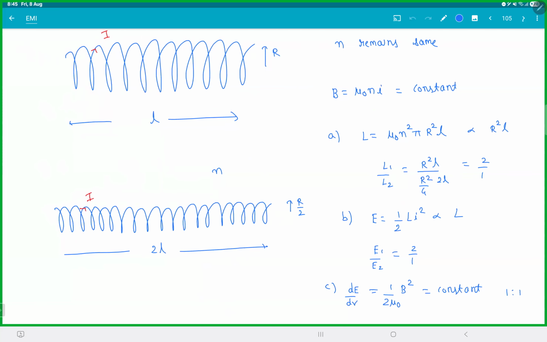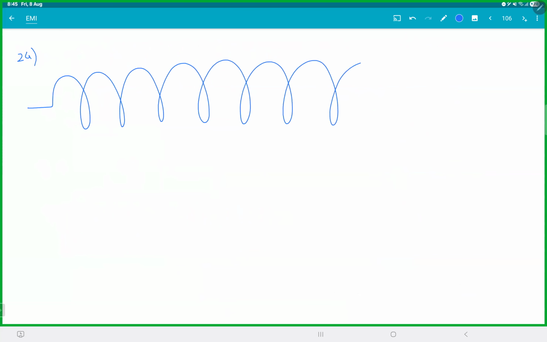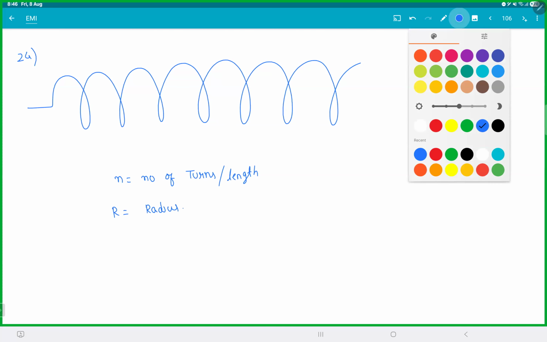Let's see a question. Let's say we have a solenoid. Number of turns per unit length is n. R is the radius.